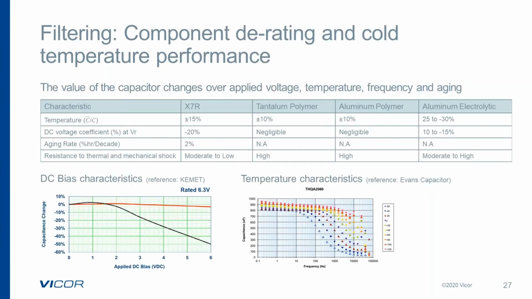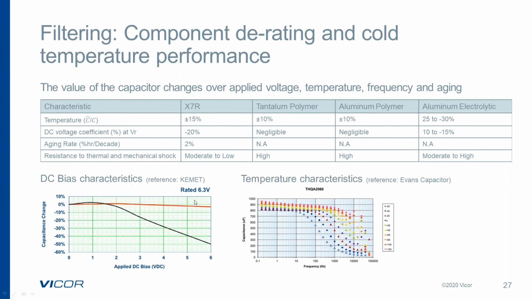Another thing we need to consider when we select a filter is the rating, or the capacitance value, over temperature and over applied voltage. In some cases, we can reduce the amount of effective capacitance as voltage is applied to the capacitor. Here's a graph from Kemet where we look at the effective capacitance of a particular capacitor over applied voltage.